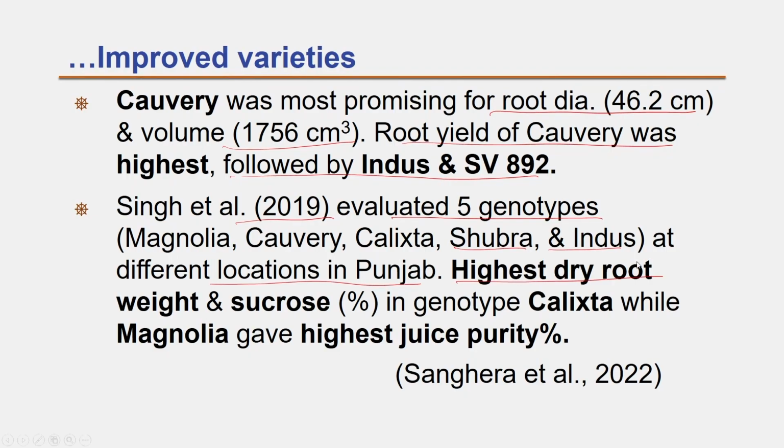So highest dry root weight and sucrose percent in genotype Calixta, while Magnolia gave highest juice purity. So you can see among all these 5 varieties, Calixta was good in the sense that it produced highest beet yield and also the sugar percentage was high in this variety Calixta.